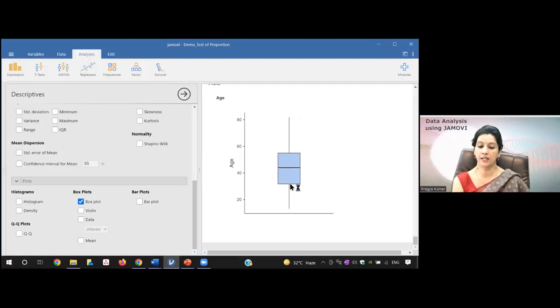And that's why, depending on that range of values, the length of the whisker changes. So if there are any values above this 1.5 interquartile range, then they will pop up here. But if there are no values above this 1.5, then it might end before also.